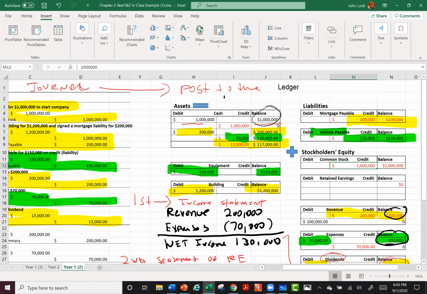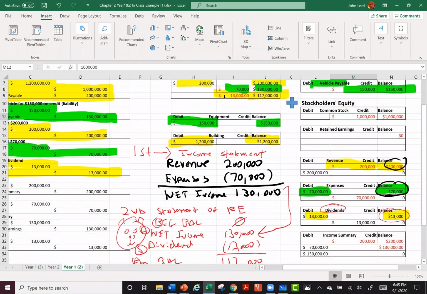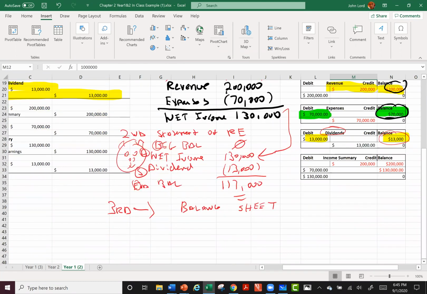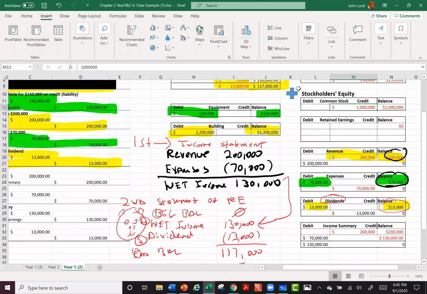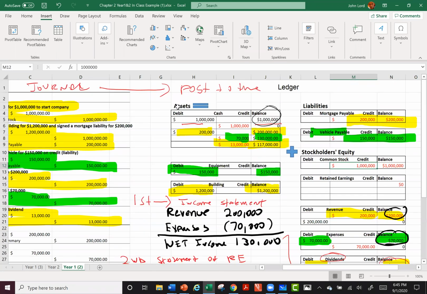Okay, good. So we come over and I ask you, do we have any assets? Assets have future economic benefit. I look up here. Here's my assets. Is cash an asset? Yes.